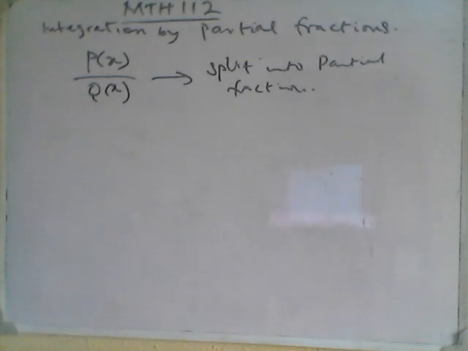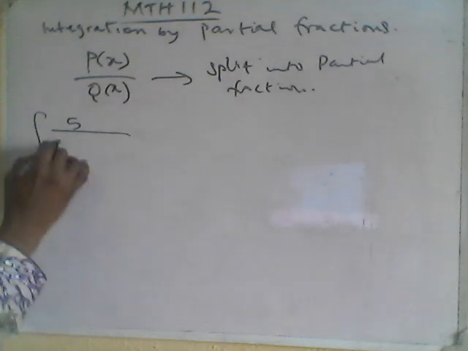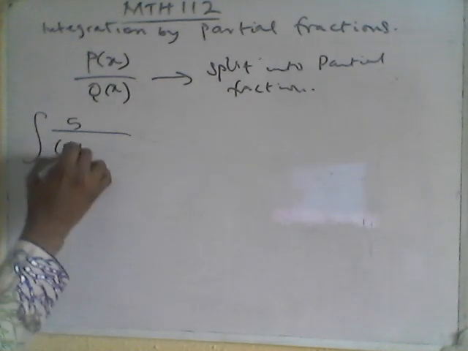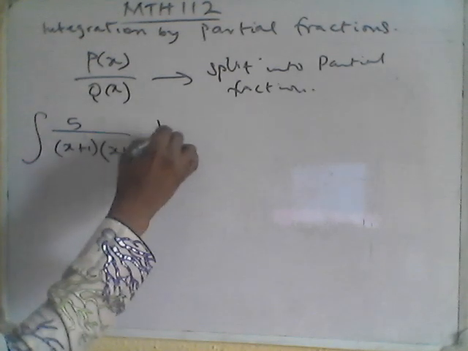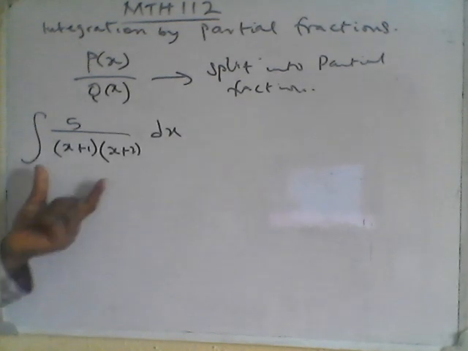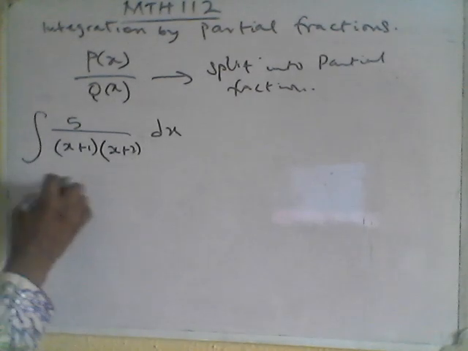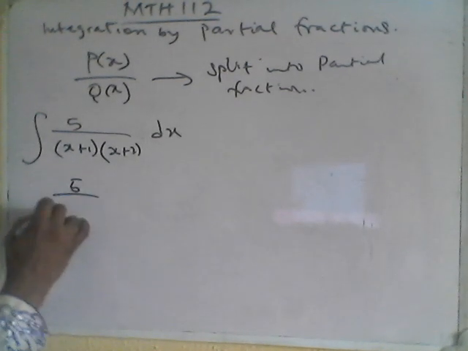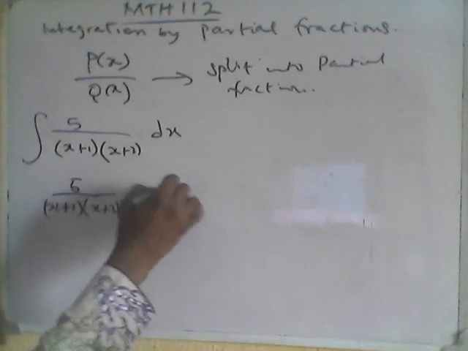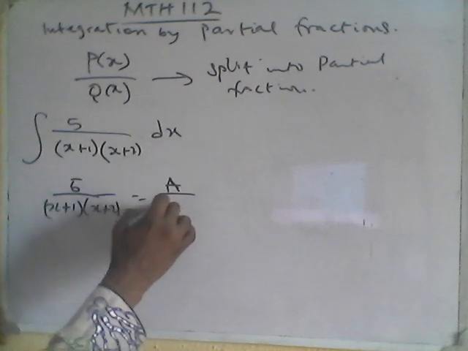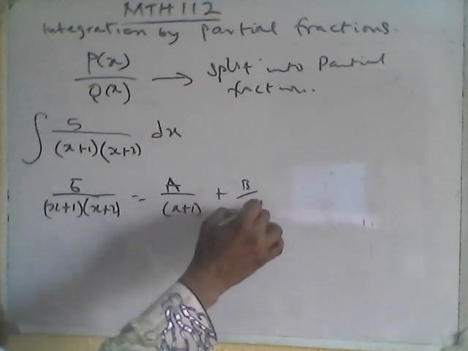For example, if I were to integrate 5 all over the bracket x plus 1 and the other bracket x plus 2 dx, I need to split this into partial fractions so that 5 over (x plus 1)(x plus 2) now becomes of the form a over x plus 1 plus b over x plus 2.